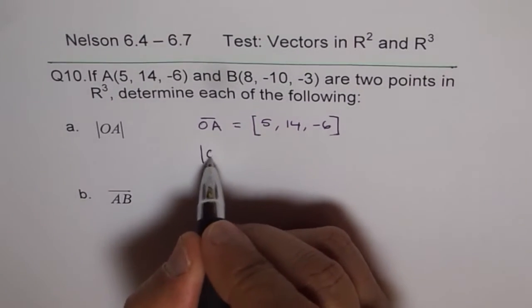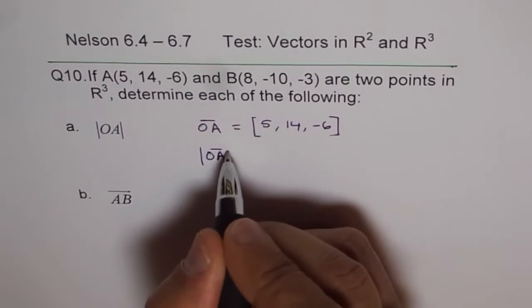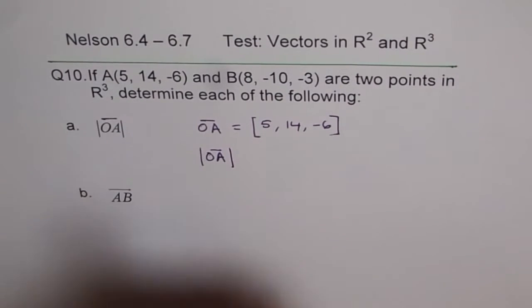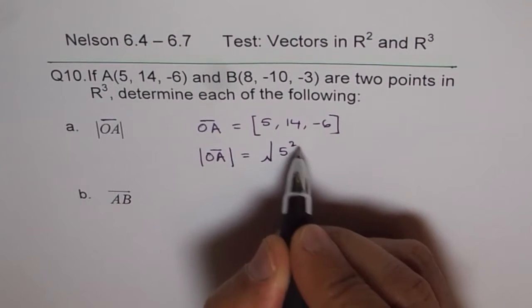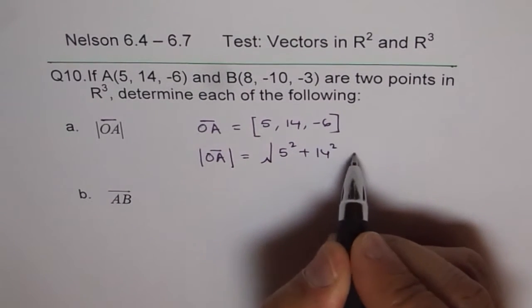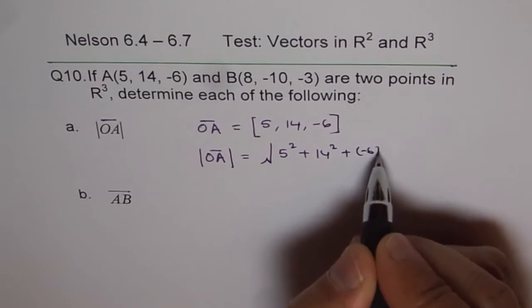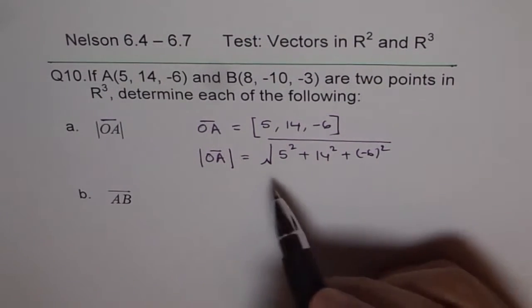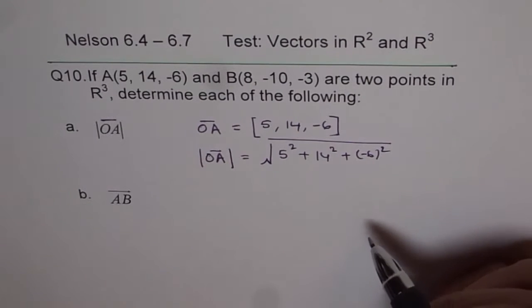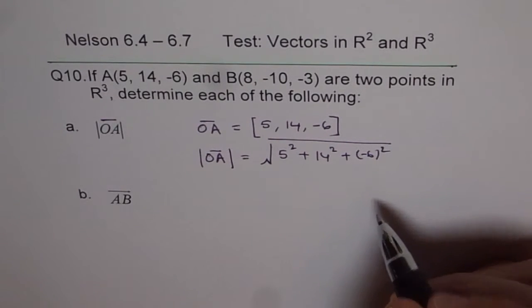So we'll write the magnitude of OA as the square root of 5 squared plus 14 squared plus (-6) squared. So that gives you the magnitude of vector OA, right? So you can use your calculator and get the answer.